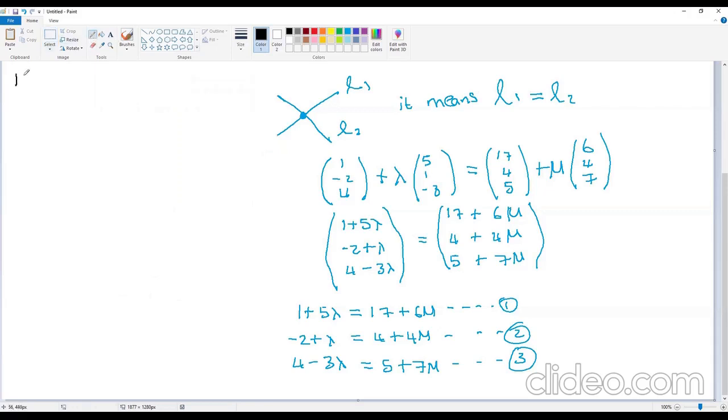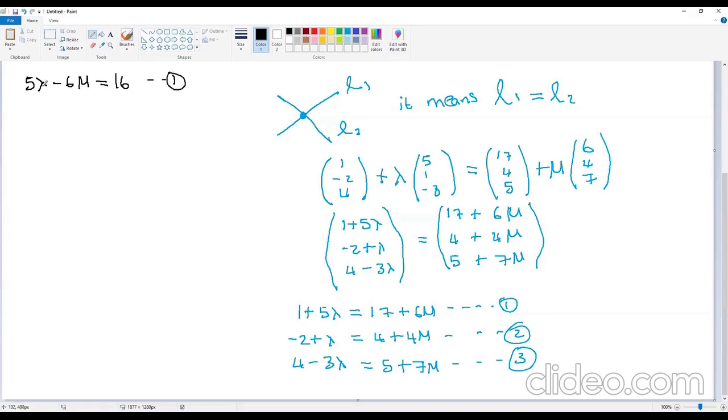I want to solve these 2 equations simultaneously. Which one is easier? This one is much easier. So I'm just gonna say 5 lambda minus 6 mu is equal to 17 minus 1, which is 16. And this is equation 1 basically.